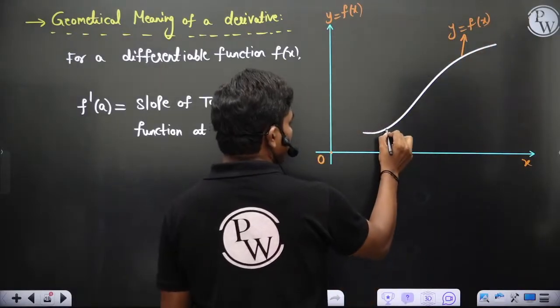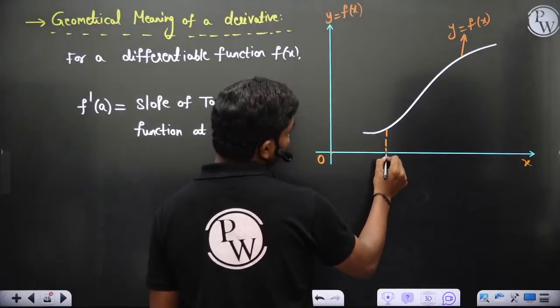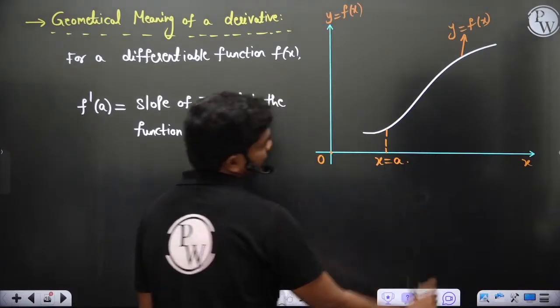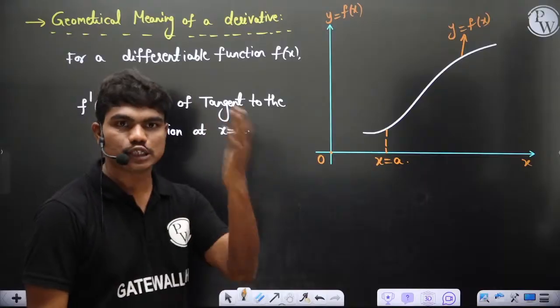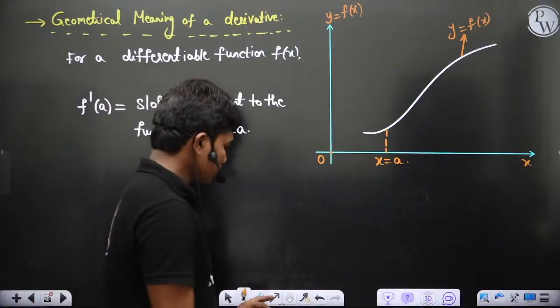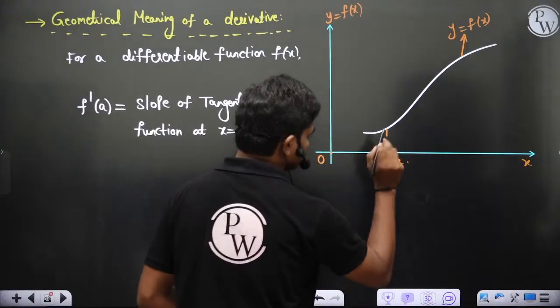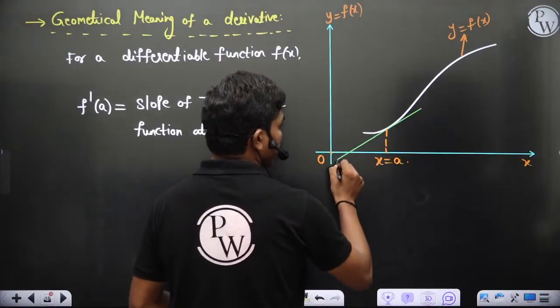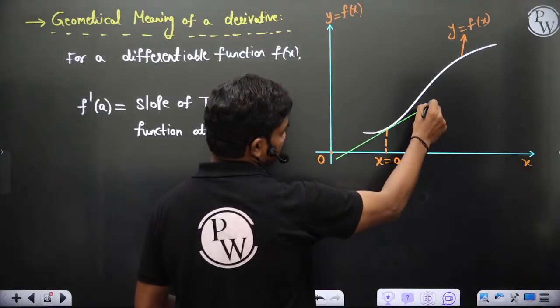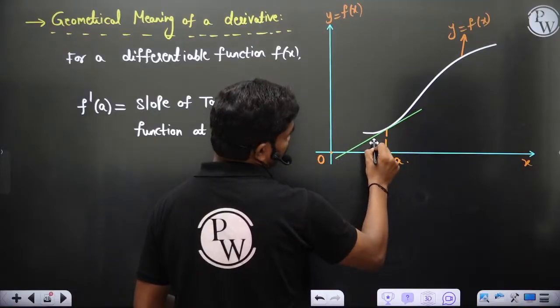If I have this point x equal to a, and let's say the function is differentiable, meaning I can physically draw a tangent to that function. Then if I draw a tangent, this tangent comes up something like this. So this is how we have the tangent.